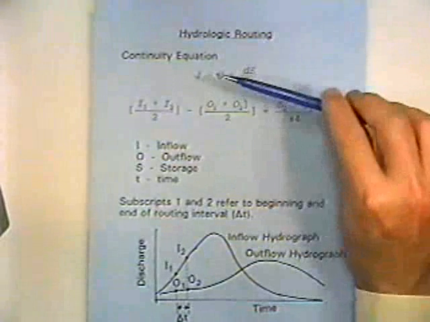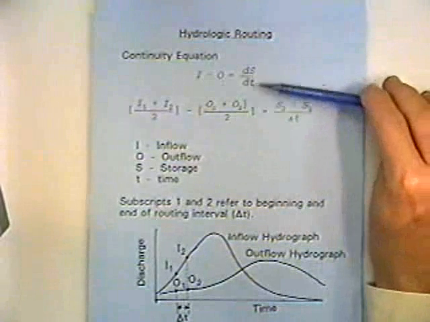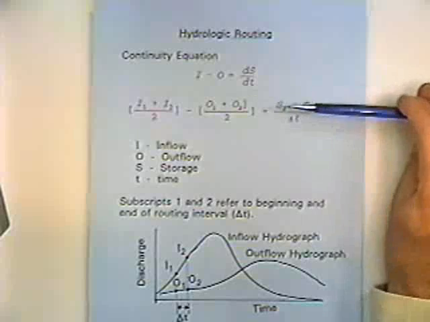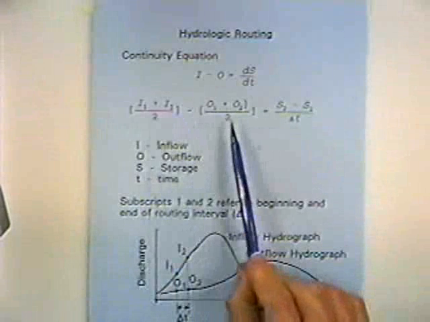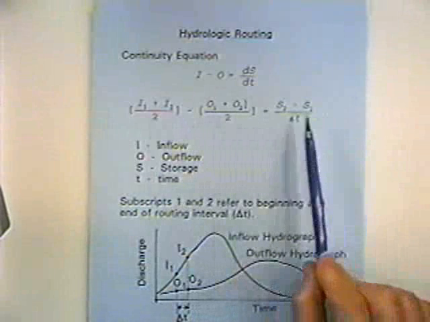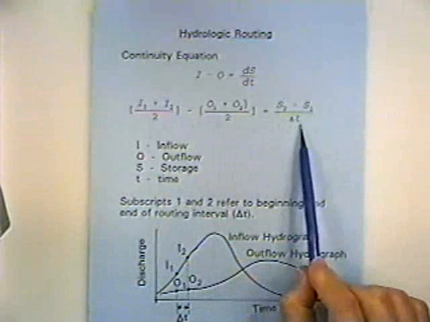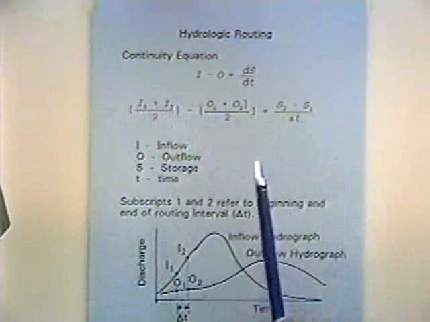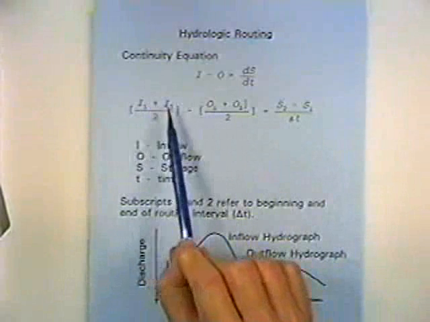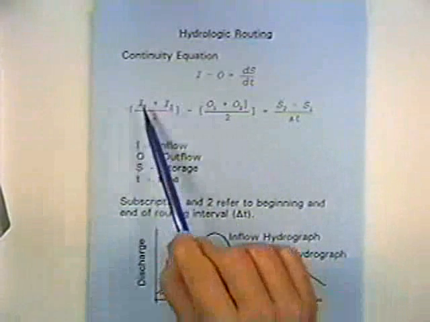Now we can write this in a finite difference form and say that the average inflow minus average outflow is equal to the change in storage with respect to time. Here we're using subscripts 1 and 2 to denote the beginning and ending of a time period.